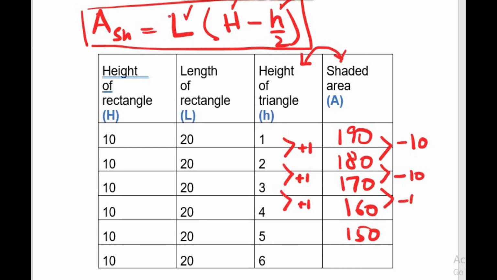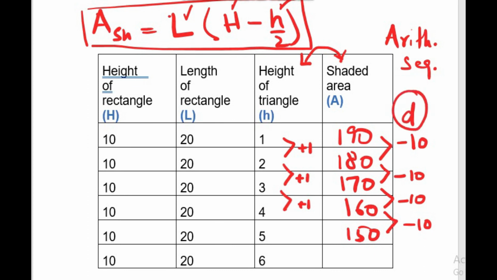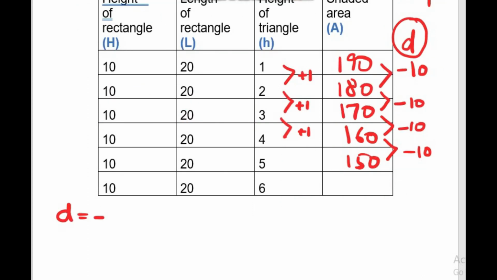It is decreasing every time by the same quantity. If it is changing every time by addition or subtraction of a fixed value, then this is an arithmetic sequence. Okay, and this fixed value is the common difference, as I mentioned before. The common difference is -10.